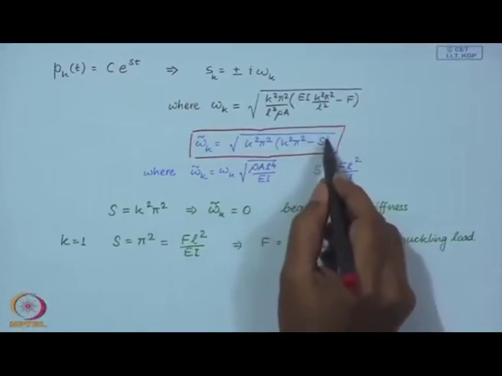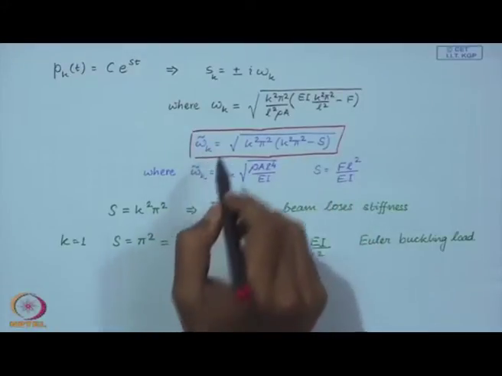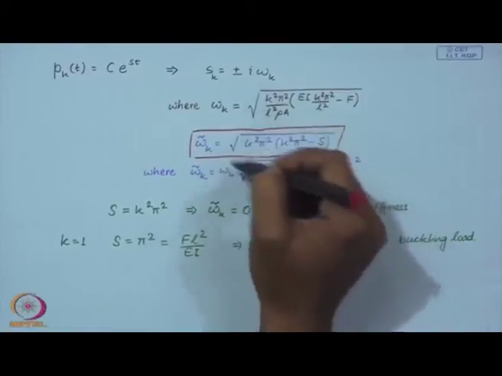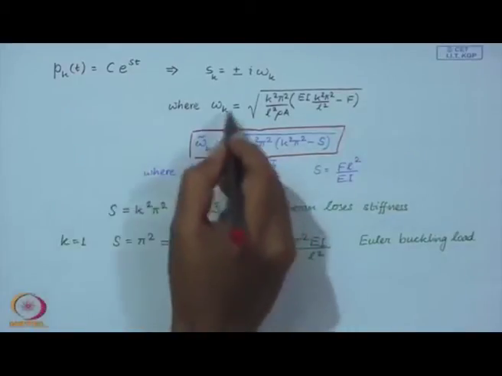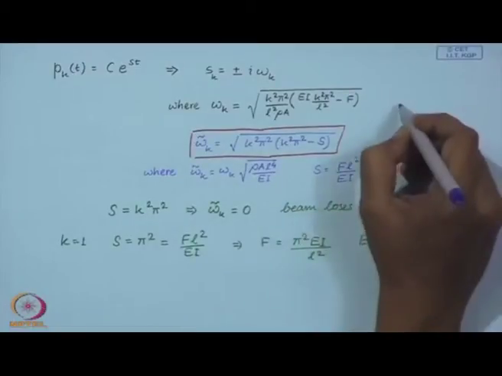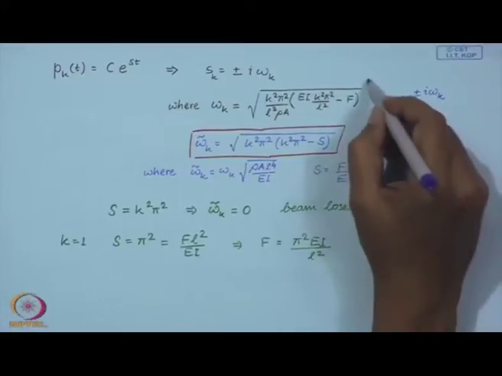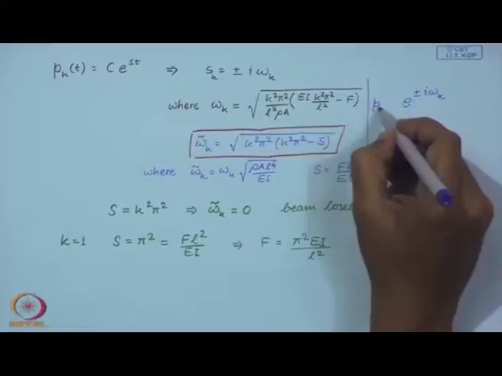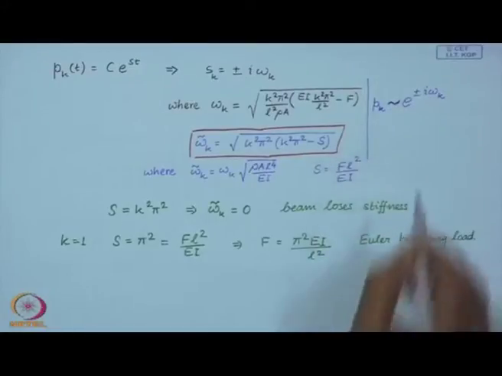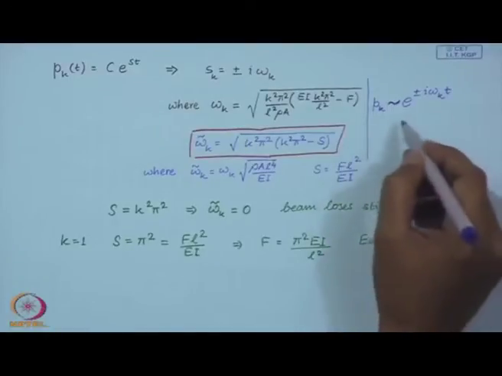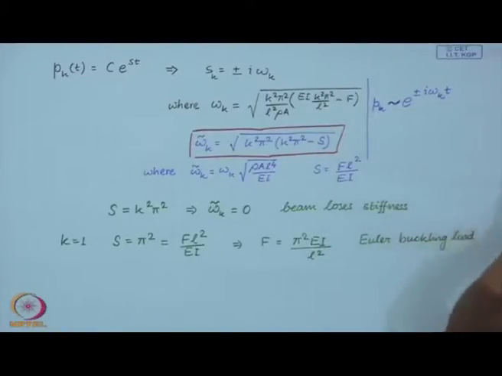When we are increasing S from 0, omega k is a real number, so you have solutions in the form exponential i omega k t, which means these are harmonically varying.